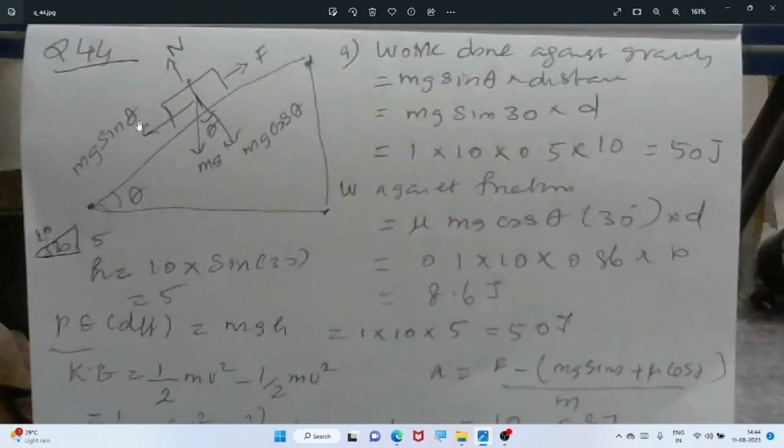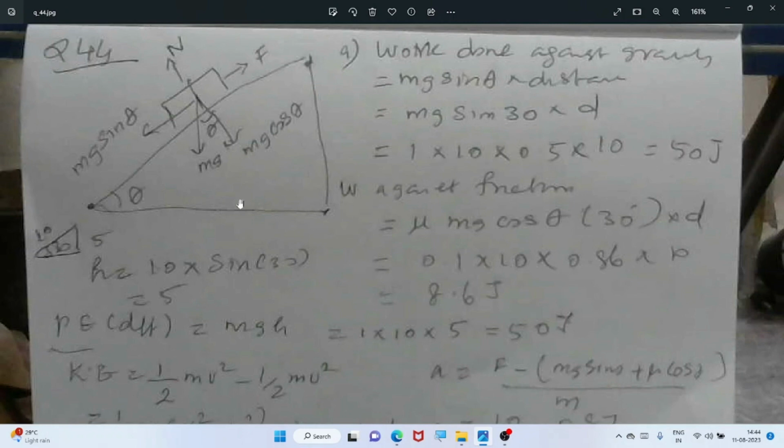For this block, this is the force due to mg sin theta. This is the force due to the gravity component along this line. The work done against the gravity is mg sin theta times the distance. Sin theta is 0.5 and this is the work done.